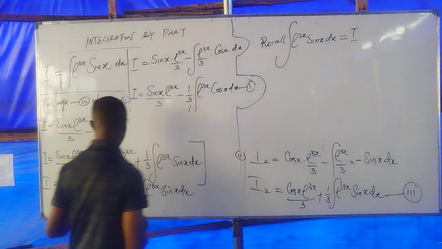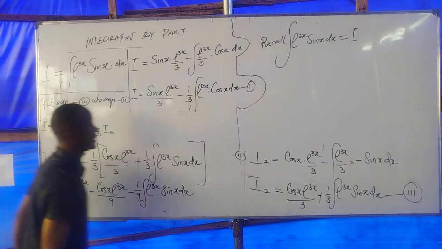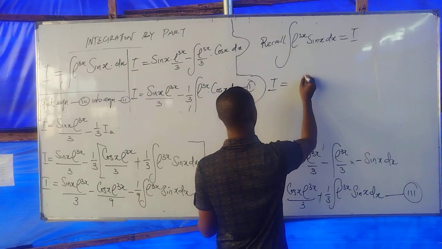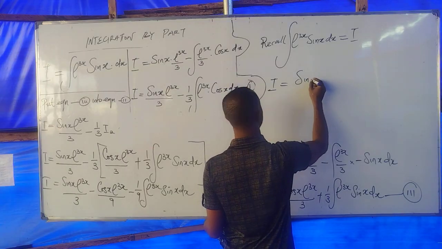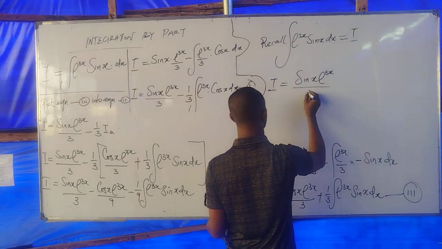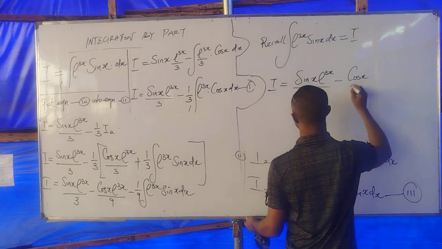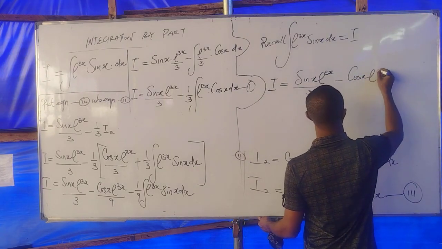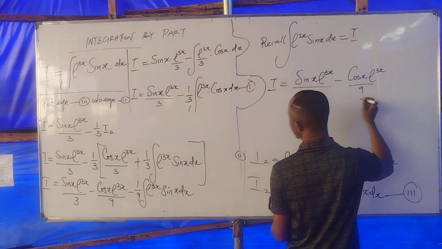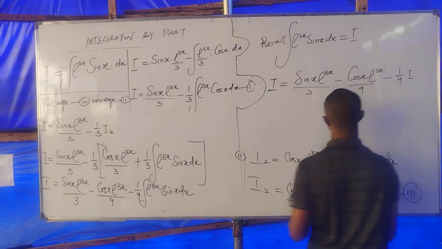That means I will replace the whole of this with I. So our I is equals to, let's go, sine x exponential 3x over 3, minus cos x exponential 3x over 9, minus 1 over 9 I, right? Good.